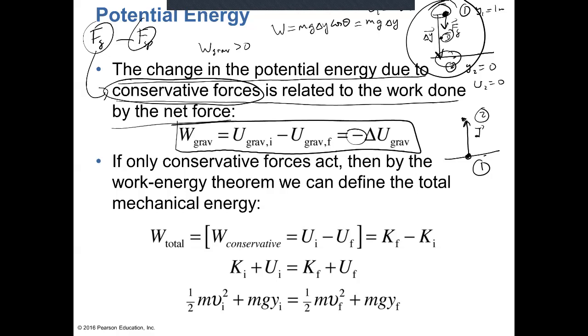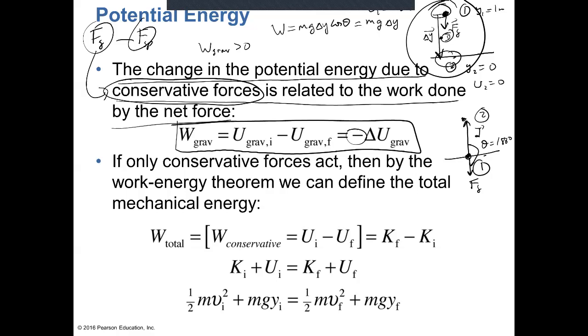But as the object goes from point 1 to point 2, gravity is acting down, because it's always down, toward Earth. That means as the particle goes up, the work done by gravity is negative. If I measure the angle, it's now 180 degrees, so gravity is doing negative work.